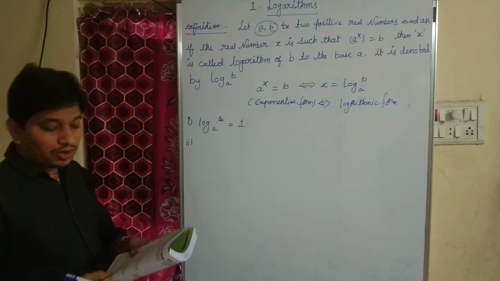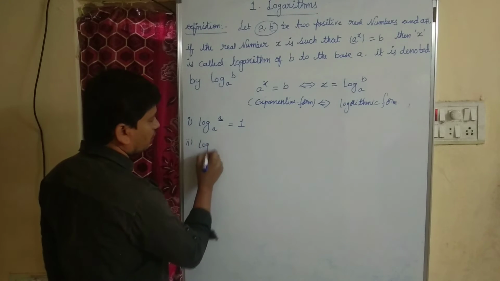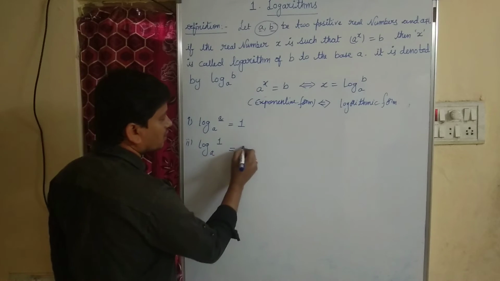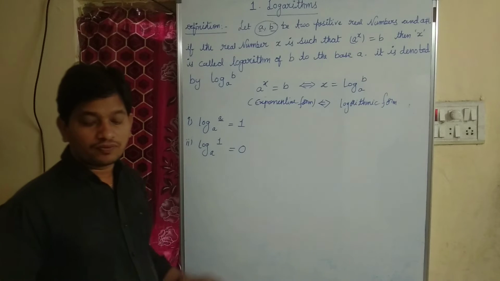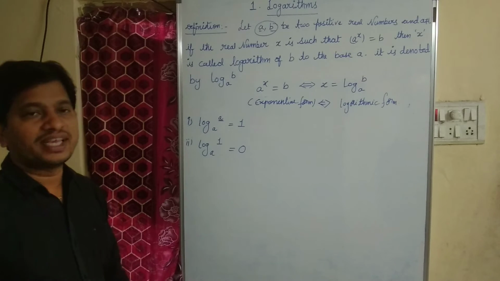The logarithm of 1 to any base is equal to 0, which is also an important one. The logarithm of 1 to any base is always 0 except base 1.